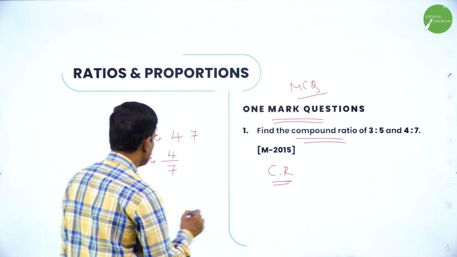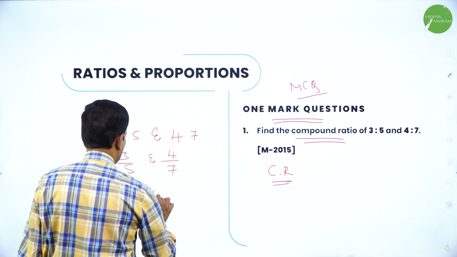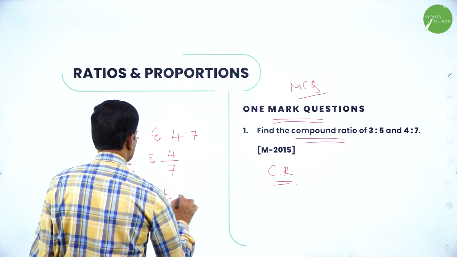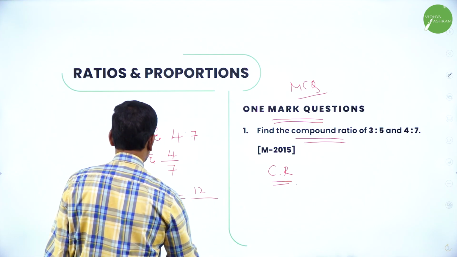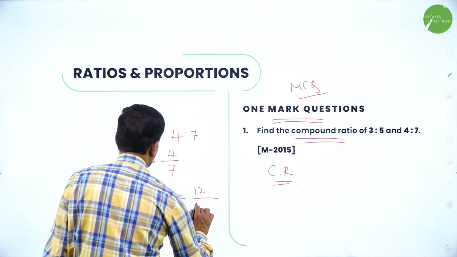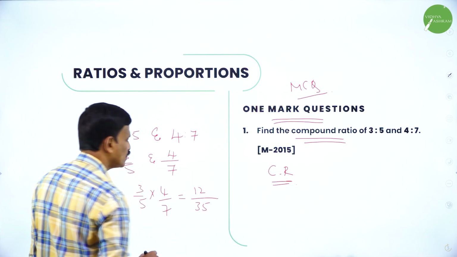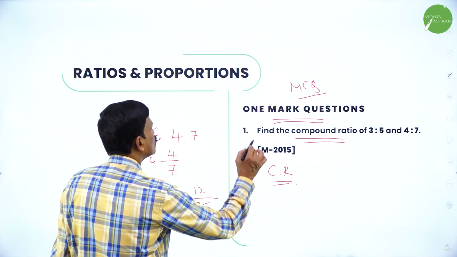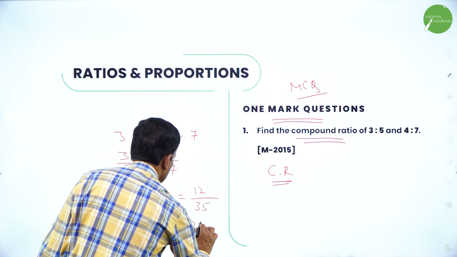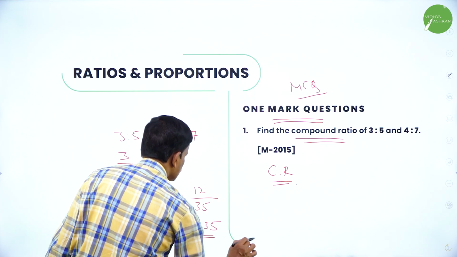Now multiply this, 3 by 5 into 4 by 7. 3 4s are 12, divided by 5 into 7, that is 35. So therefore the compound ratio of this is 12 is to 35.